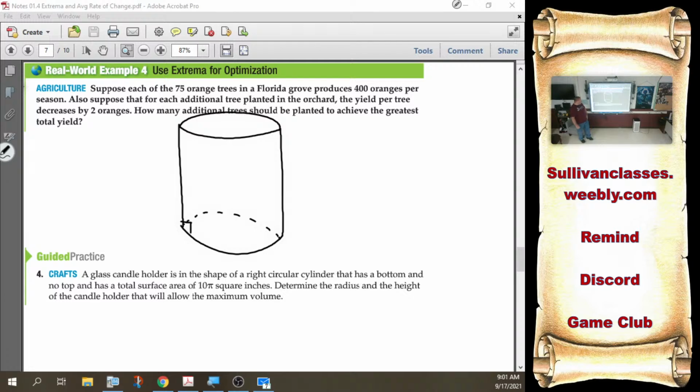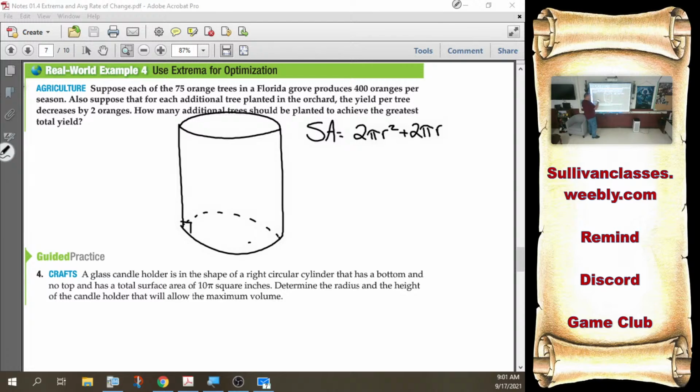It has a bottom and no top. So normally, surface area is 2 pi r squared, two circles, plus 2 pi r.